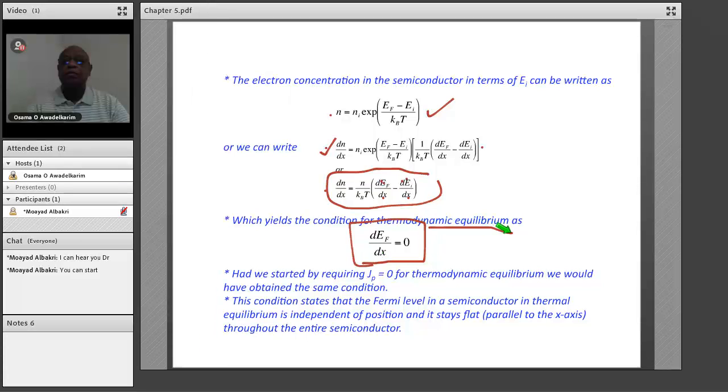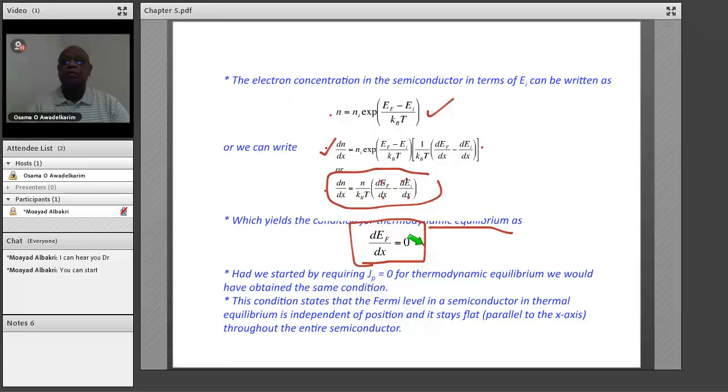This is very important. So in equilibrium, because you have 0 net current density, that means the gradient of the Fermi level in the semiconductor is equal to 0. Gradient equal to 0 means that the slope of the Fermi level is 0 along the x direction, which means that the angle the Fermi level line makes with the x direction is 0.